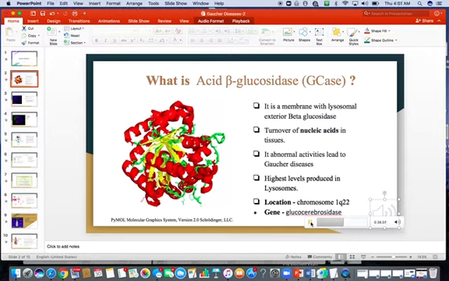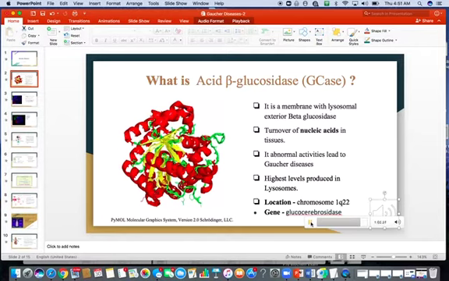It is an enzyme found in the lysosome, and it is a membrane-associated lysosomal exterior beta glucosidase. Its normal activity occurs at a pH around 5.5.